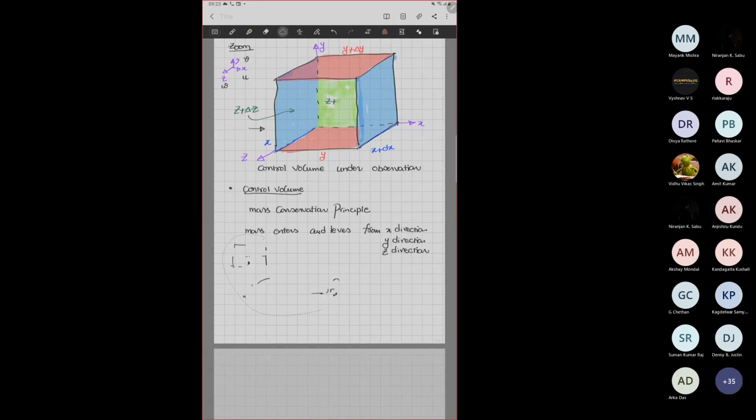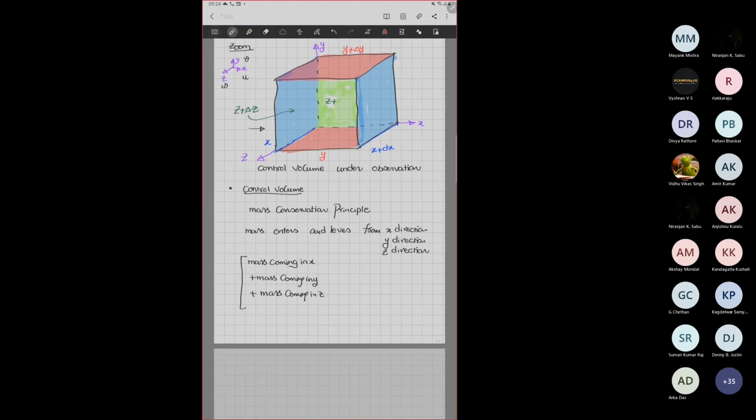Okay. Now let us carefully do math in terms of estimating it. So what I would like to do is take the mass coming in x direction plus mass coming in y direction plus mass coming in z direction.